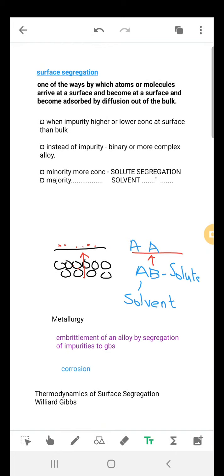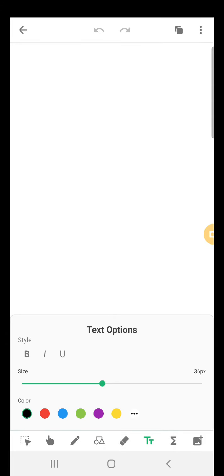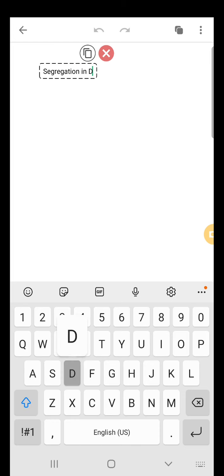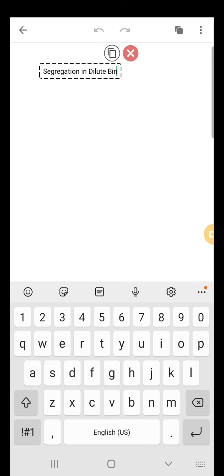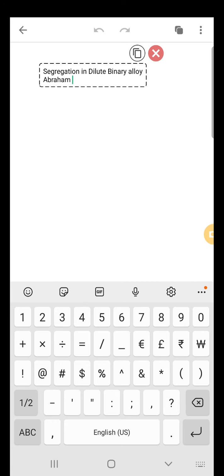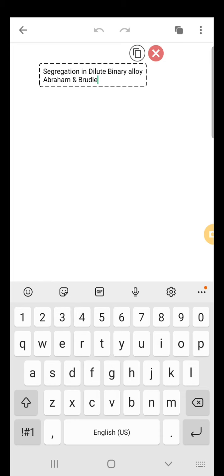And the theory behind surface segregation in dilute binary alloys was given by Abraham Bundle, in 1981.